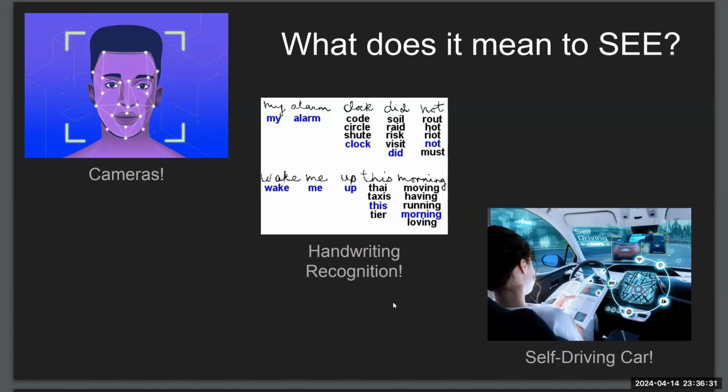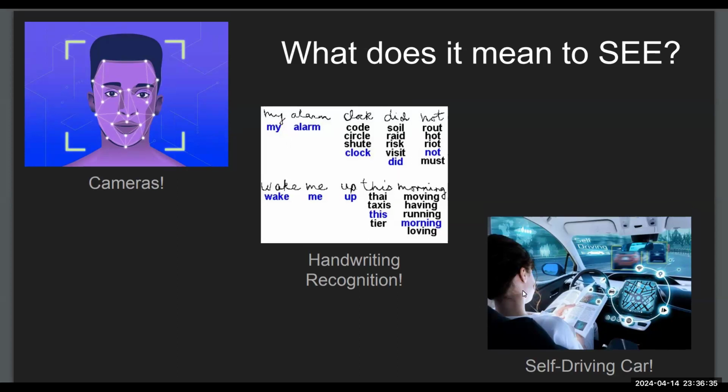Last but not the least is a slightly more complicated example, which is a self-driving car. In this image, we're able to see that the driver over here is not driving, they're reading a book, but the technology in the car is able to look for any obstructions.